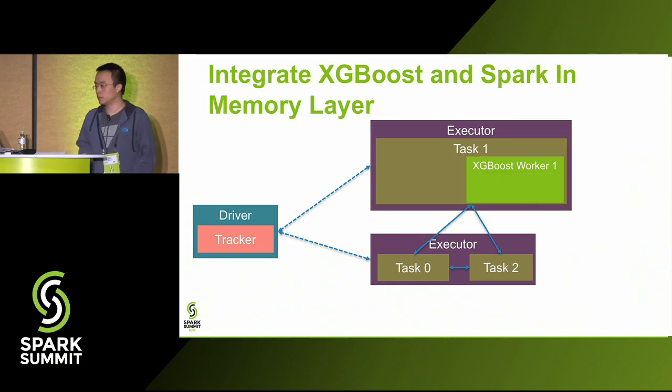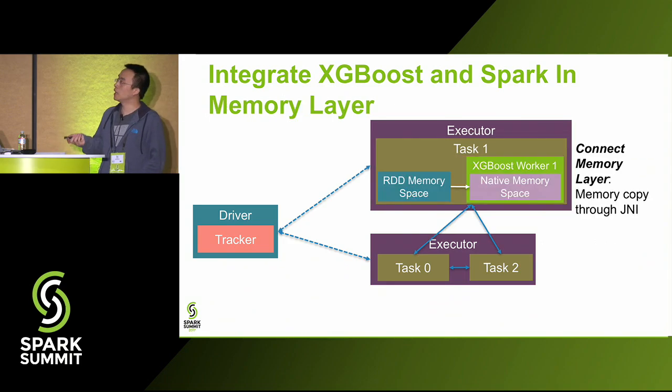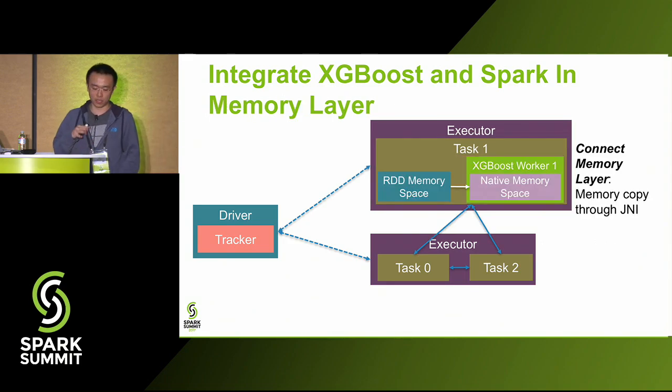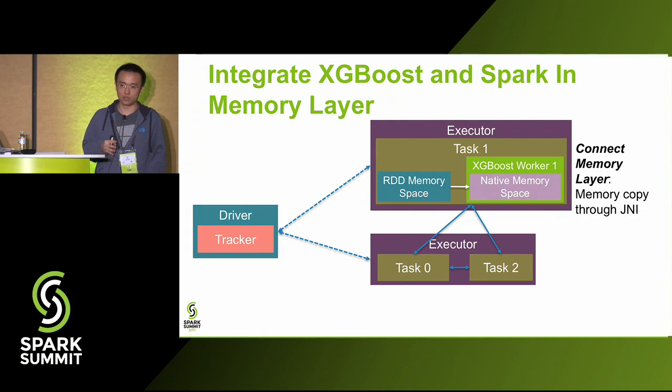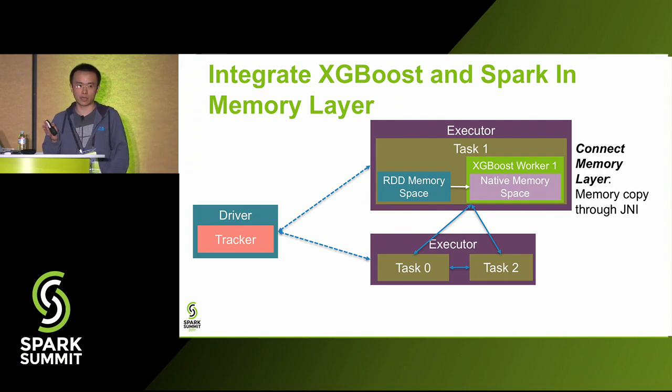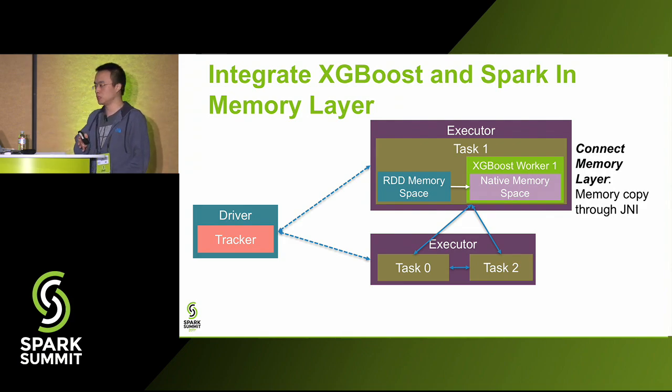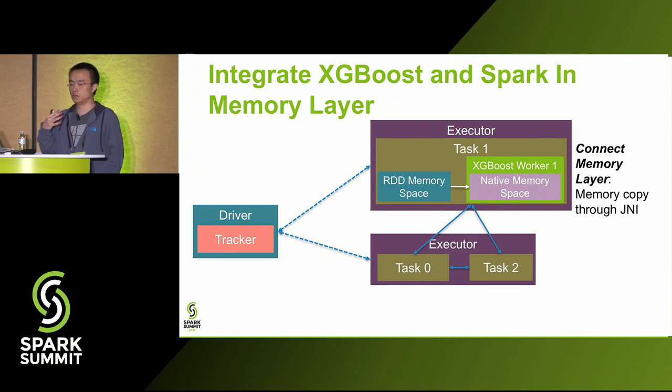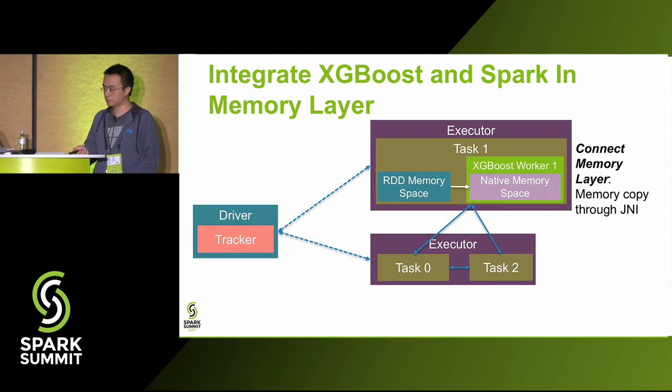Then in the memory layer, we want to make XGBoost and Spark communicate between native memory space and RDD memory space. So we just copy the data with the JNI interface from RDD memory space to native memory space, train the model, and get the model in Java heap space.